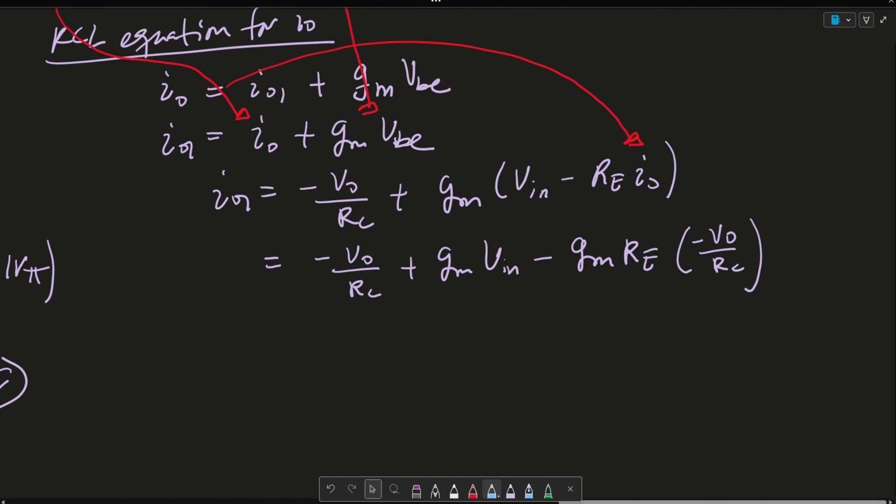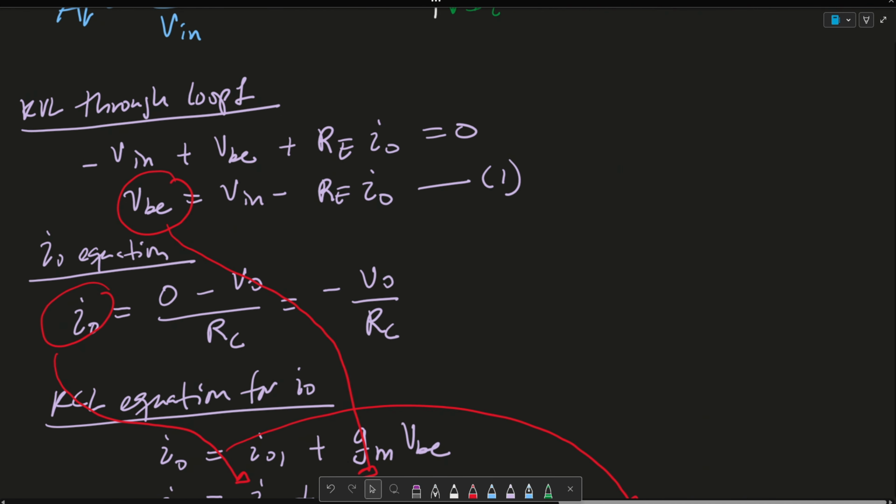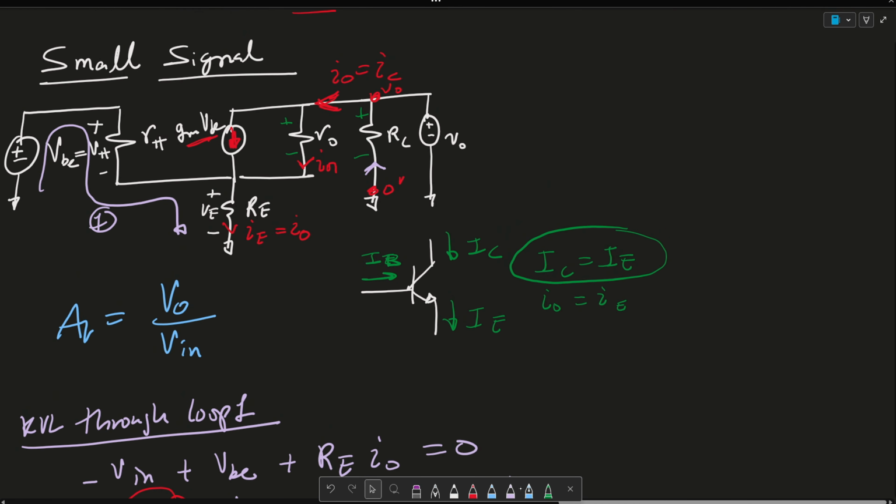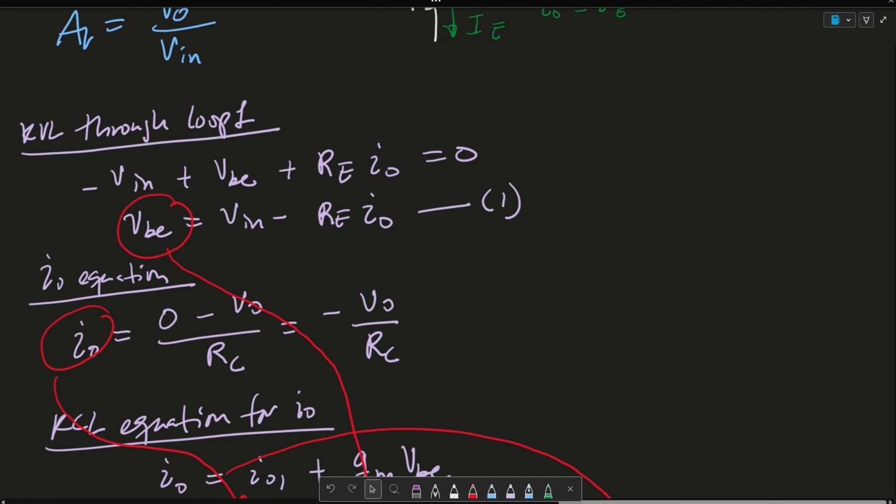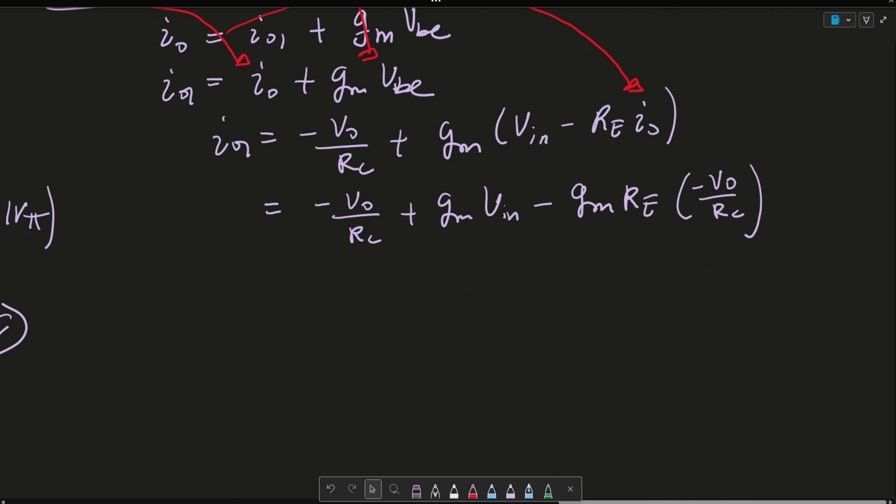The last thing we're going to write, I'm going to switch colors, is a KVL in this loop. We're going to get minus VO plus RO times IO1 plus RE times IO. So let's write that down.